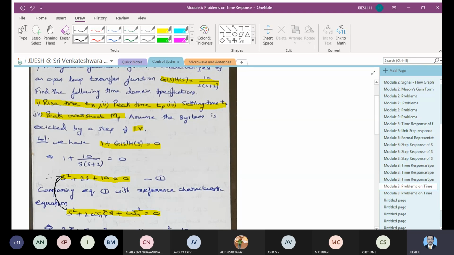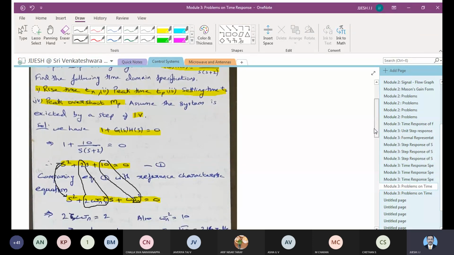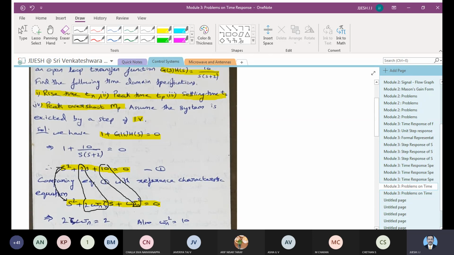You can see that it is 2s, and 2 can be this complete term. So we get omega n square as 10 as well. So we are just comparing and simplifying it further. So we get 2 zeta omega n is equal to 2, and omega n square is 10.